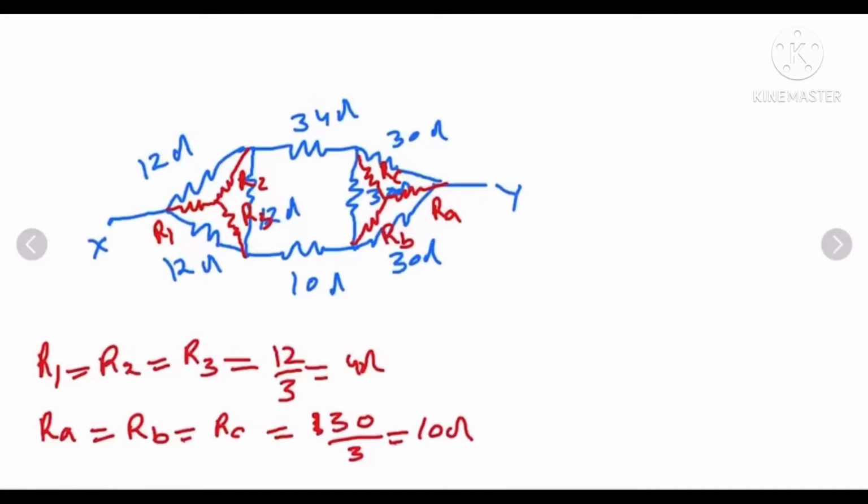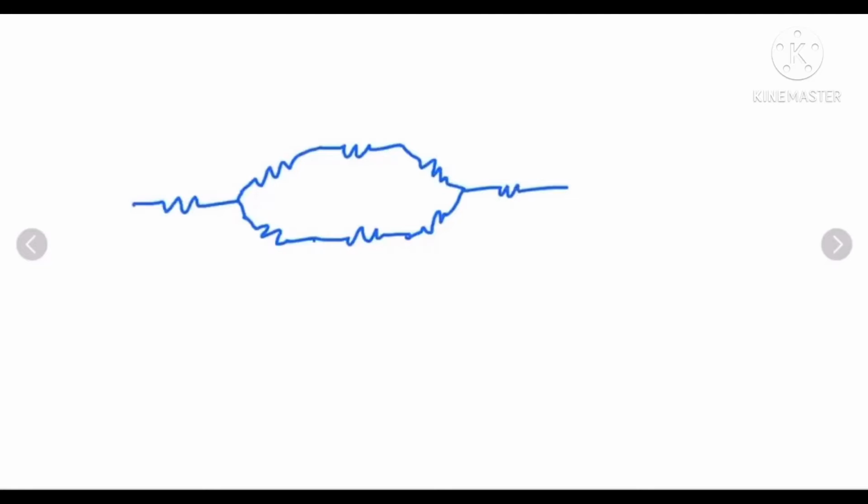After doing this, we will try to reconstruct the circuit by replacing all deltas by star and see what we get. So this is our first delta, which is replaced by star, and here is your second delta, which is replaced by star, X terminal, Y terminal.